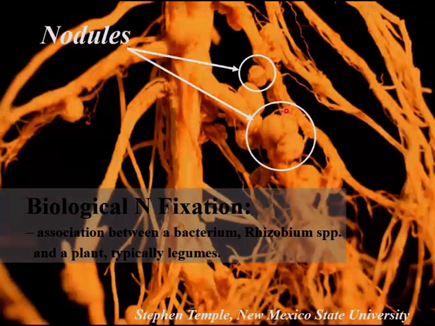They're an indicator that some type of rhizobium has infected this root. When the root becomes infected, it grows this nodule around the bacteria. Once that bacteria is in there, it's able to take nitrogen out of the atmosphere and put it in a form that the plant can use.